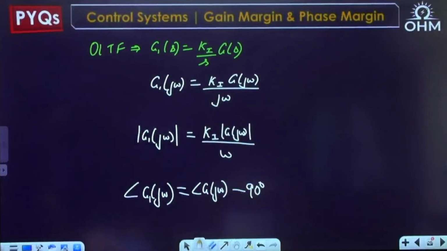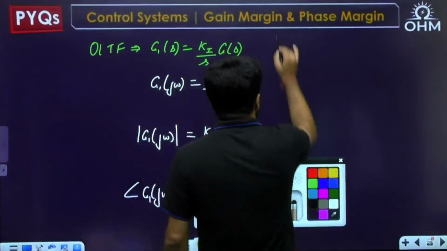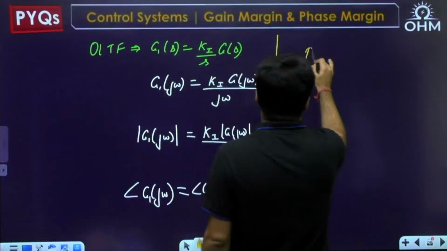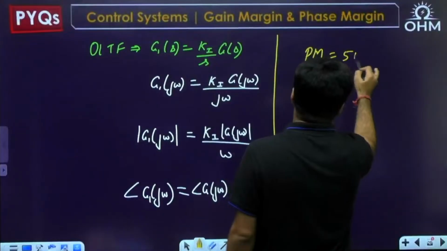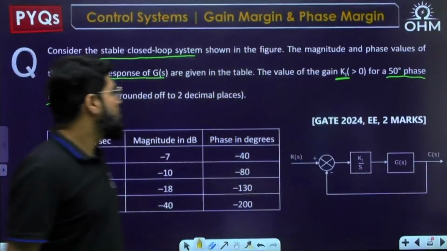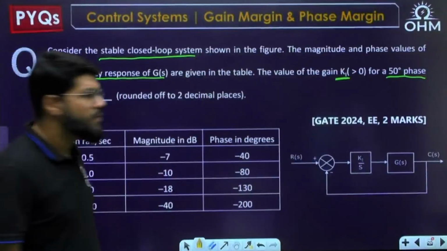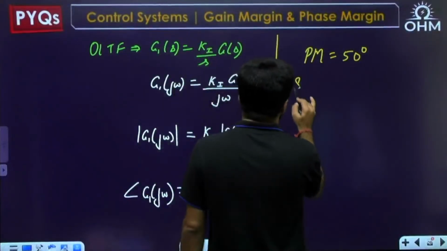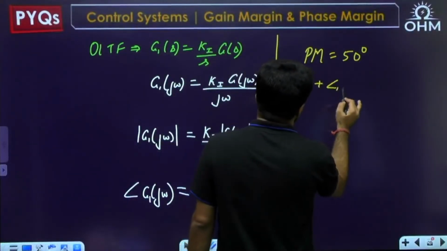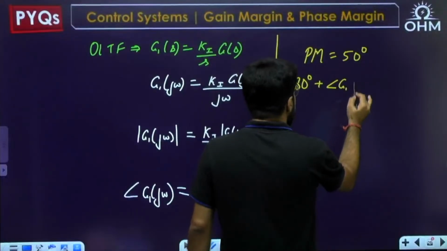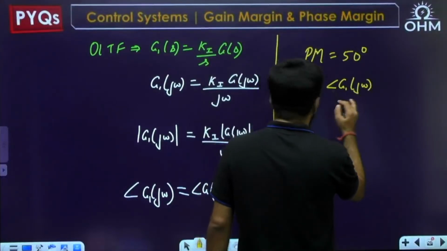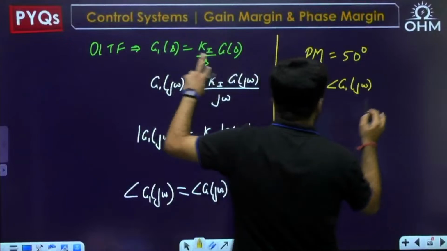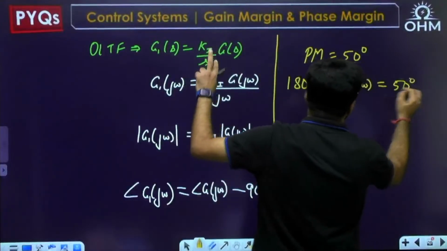Now the question is telling you, what should be Ki to achieve a phase margin of 50 degree? What is phase margin? 180 degree plus angle G1 j omega, the phase of the open loop transfer function. This is the complete open loop transfer function. This must be 50 degree.